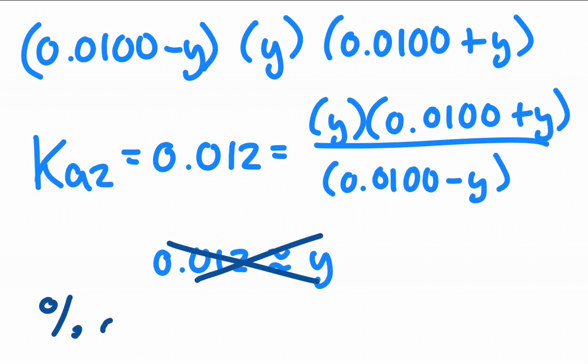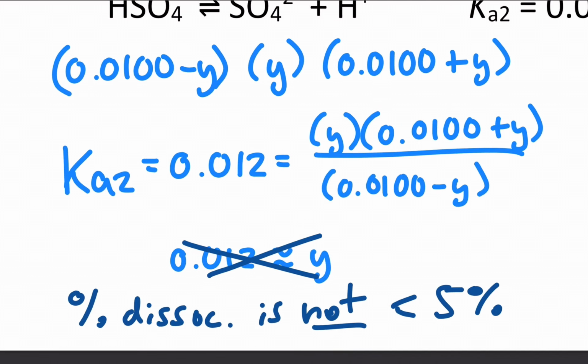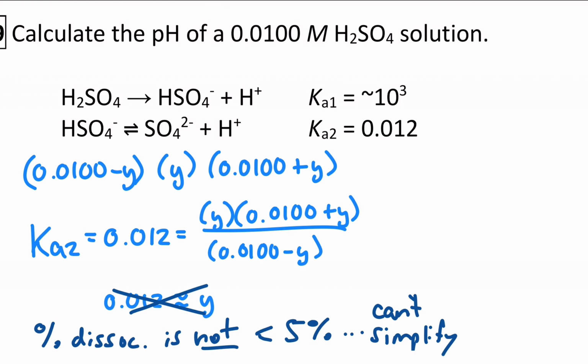So percent dissociation is not less than 5%, which means we can't simplify. And sadly, or perhaps delightfully, what that means is we have to solve a quadratic.